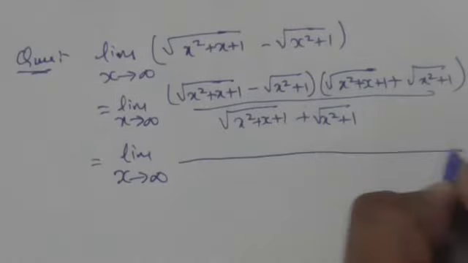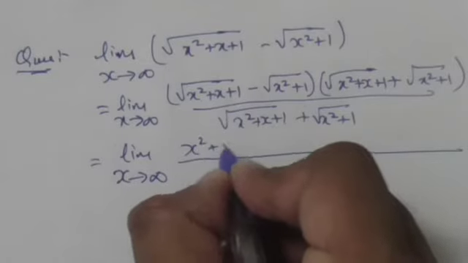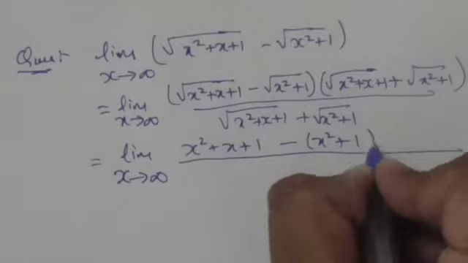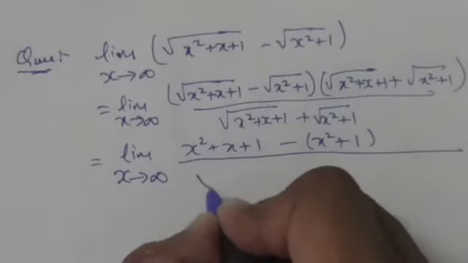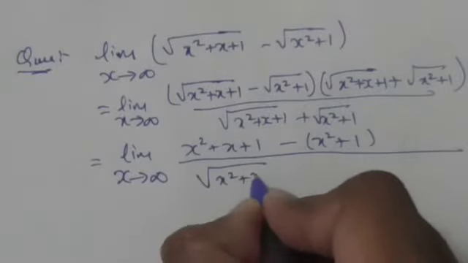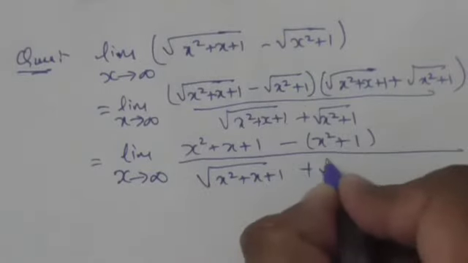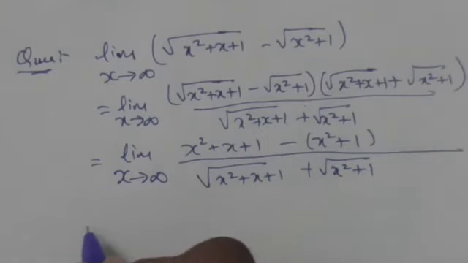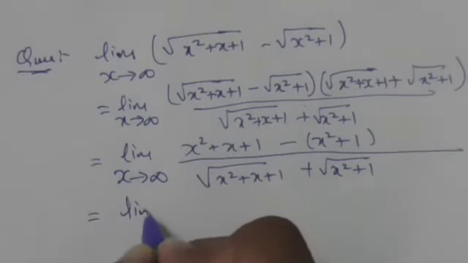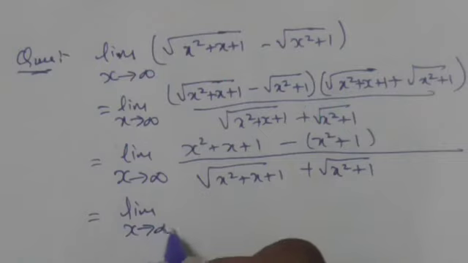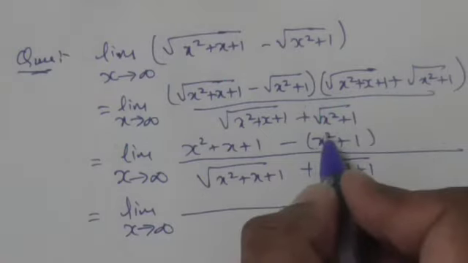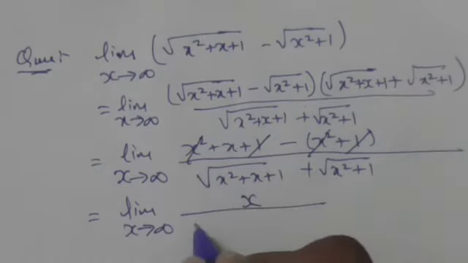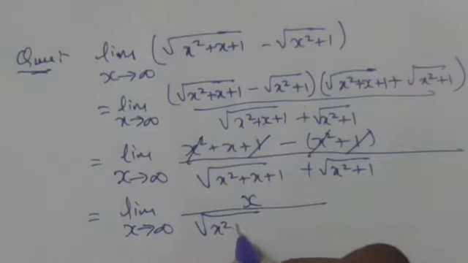So it will be equal to x square plus x plus 1 minus x square plus 1 divided by, okay, so it is equal to this expression, limit x tends to infinity. In numerator we have only x and denominator will remain same.